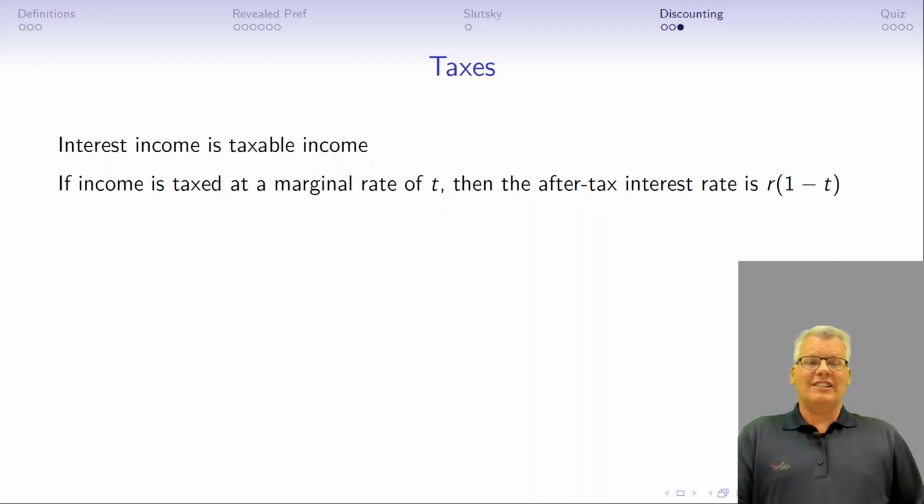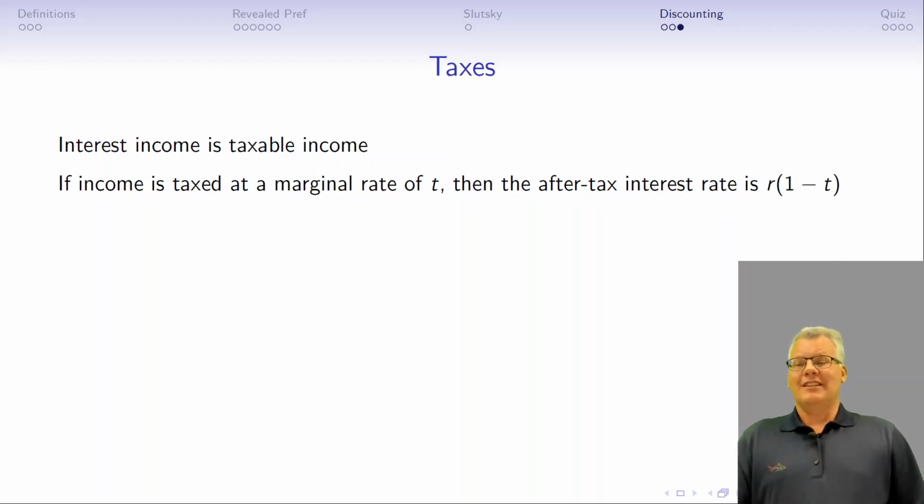So what we could say then is that when the consumer saves $1, the amount that increases their spending in the next year is not 1 plus the interest rate, but 1 plus the after-tax interest rate. The after-tax interest rate would be the interest rate times 1 minus T, where T is the marginal income tax rate.